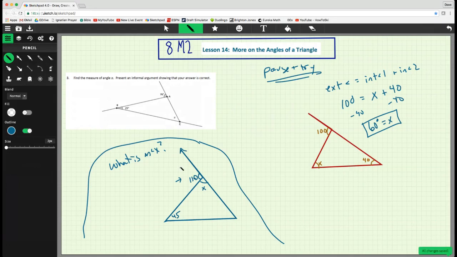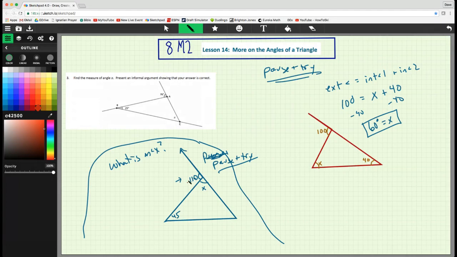Okay, so try this, pause and try. Okay, now I assume that you're back. And now the key here is you don't have the measure of the other interior angle, so you're not going to use this rule. This is kind of a trick. Here you can simply look, what do we see?